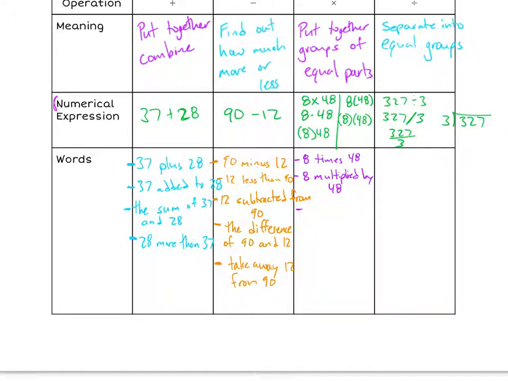My next one starts with the letter P. Product. Product of 8 and 48. The last one, which is probably the least common that you've heard, is 8 groups of 48. It's that grouping one we talked about. Have you heard that one before for multiplication? It's probably the least common of them.